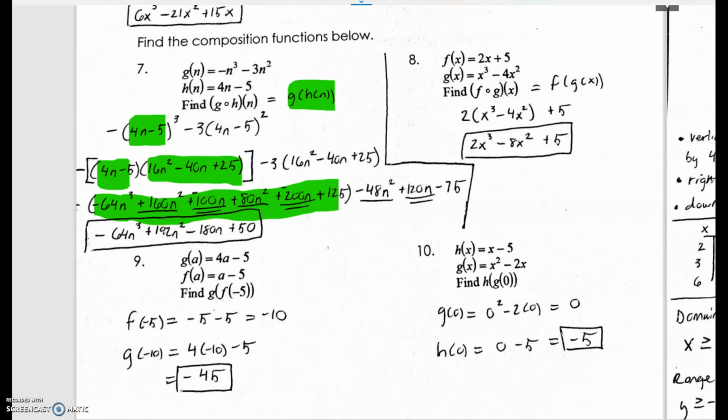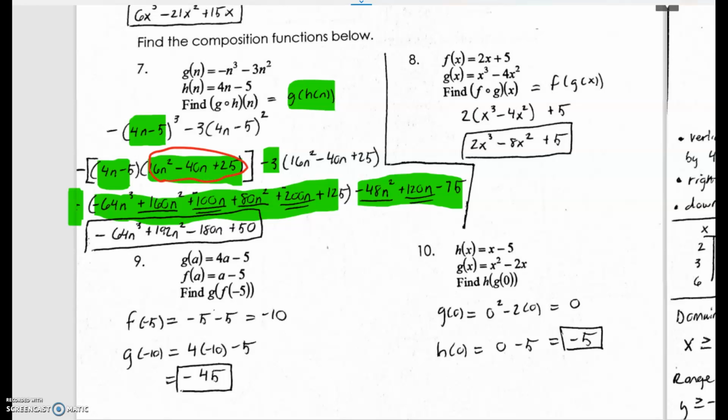I just can't forget that step. So make sure, it's hard to see, but there was a negative out here. Make sure you switched all the signs, and I did that. I switched the signs inside, okay? For the second part, this negative 3 needs to be multiplied to 4n minus 5 squared. I just went back here and saw what I got for 4n minus 5 squared. And then I multiplied those by negative 3, and that's how I got this guy over here.